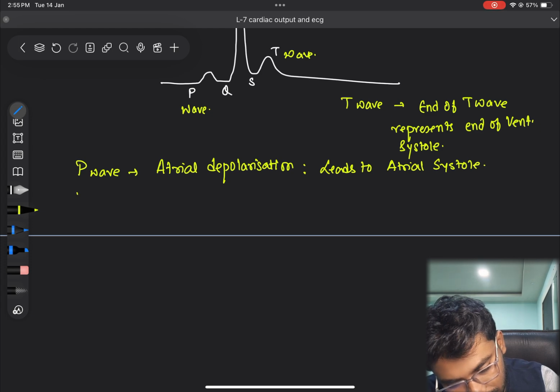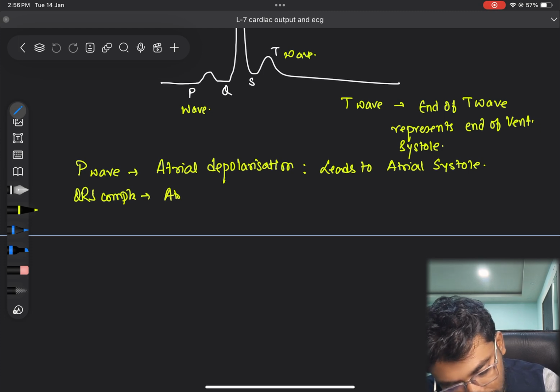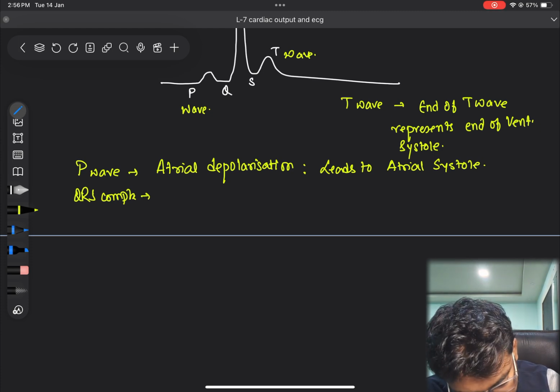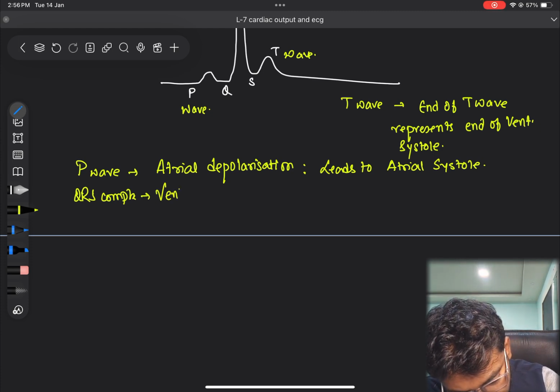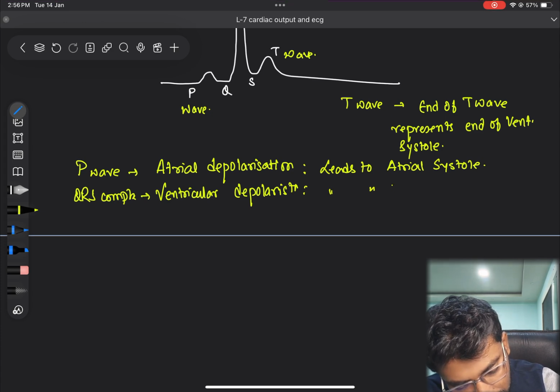The QRS complex represents ventricular depolarization, which leads to ventricular systole.